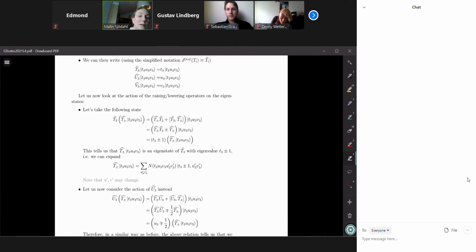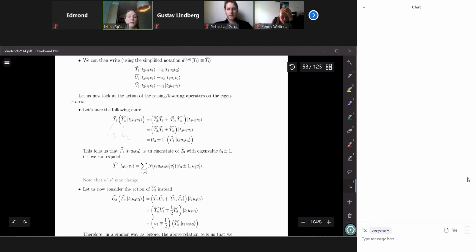There, this was called L3, and this was called L plus and minus. After a little bit of algebra that is written out in detail, you can just replace the T's with L's in your head if you want, and by exactly the same calculations as before, you will be able to see that T3 acting on the state which has already been acted on by T plus or minus will give us T3 plus minus 1 times that state. So same state there and there.